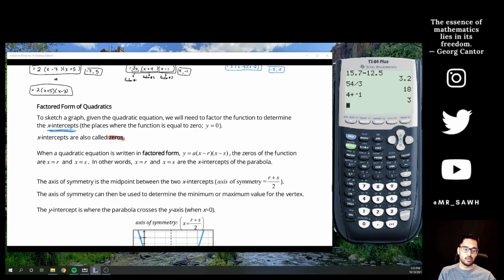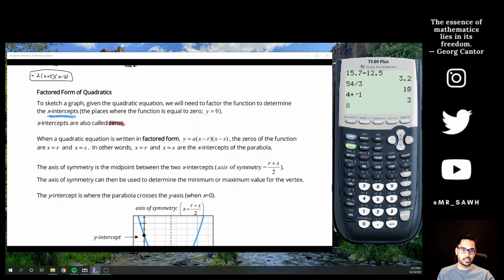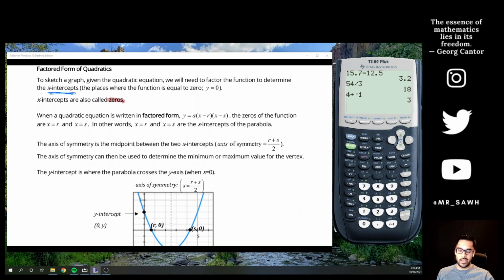The x-intercepts are also sometimes called zeros because they are the places on the graph where the y value of those points is 0. They're right on the axis line. So if you have it in factored form, you can essentially take each of your factors and make them equal to 0. And the logic behind this is pretty good.